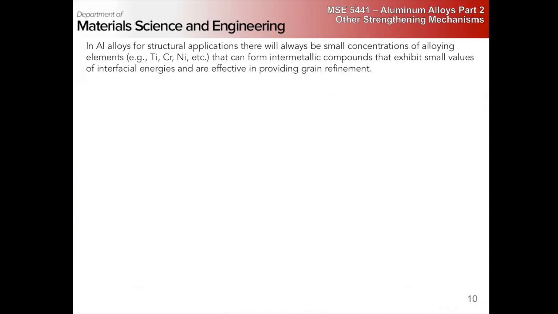So we have solutes that segregate to a grain boundary, and then they form a precipitate. As the precipitate grows, the grain boundary energy is less around the precipitate. So if the grain boundary moves, the grain boundary energy is going to go up, so it doesn't want to move.